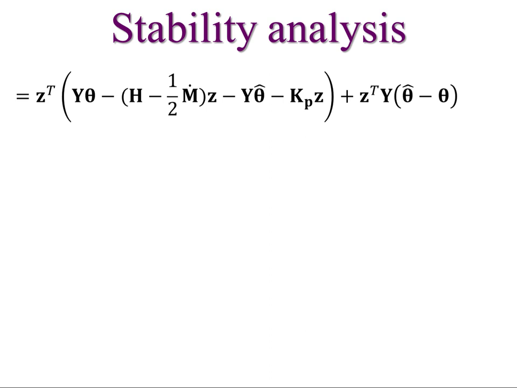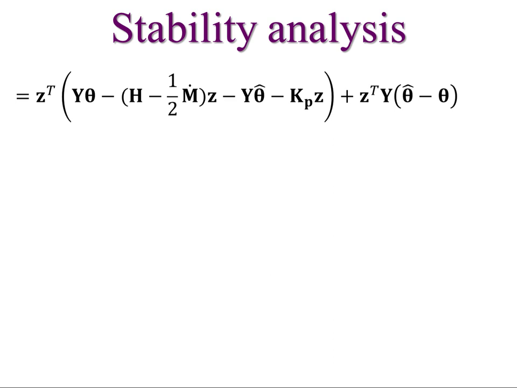Taking them into account, the previous equation can be summarized as follows. However, we substituted Y theta hat for theta hat and transposed the entire second term on the right-hand side.